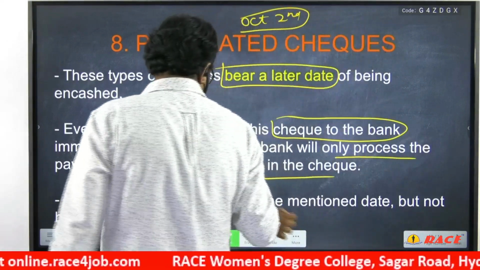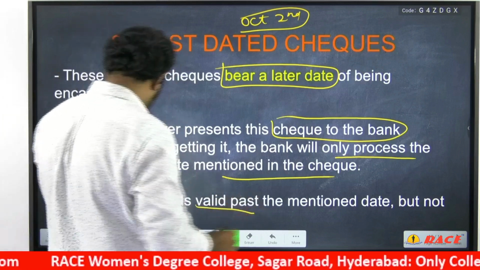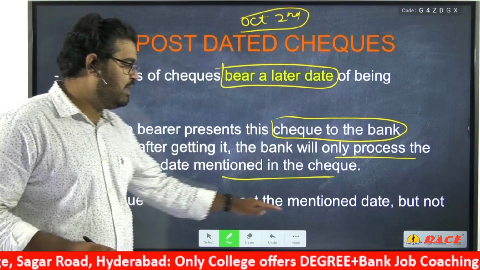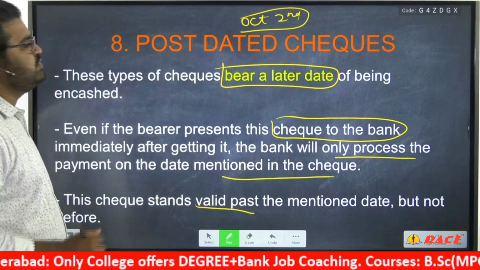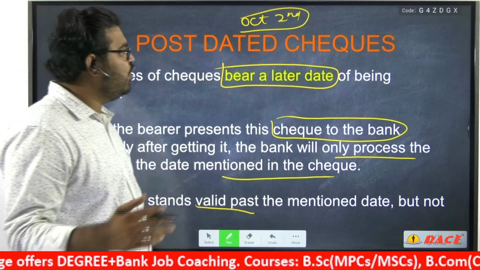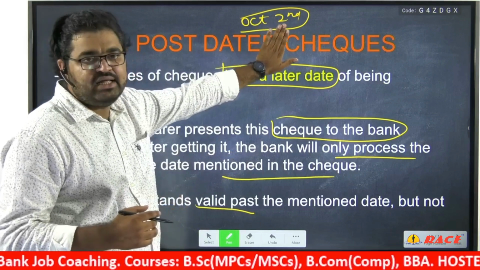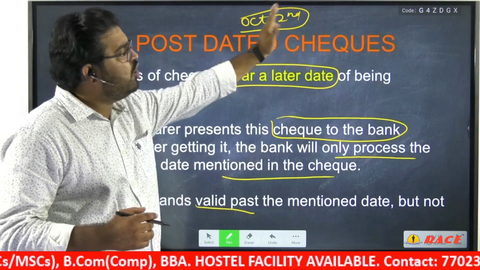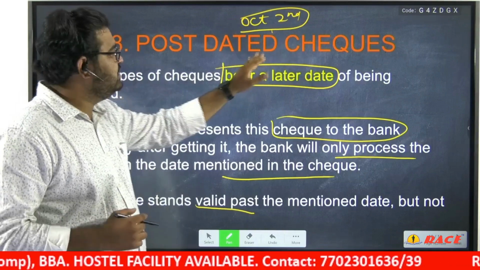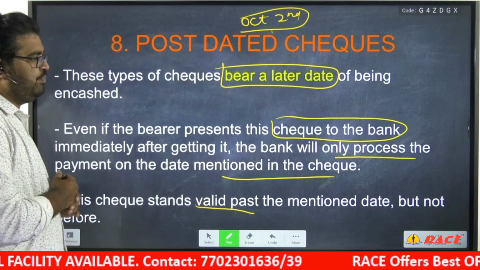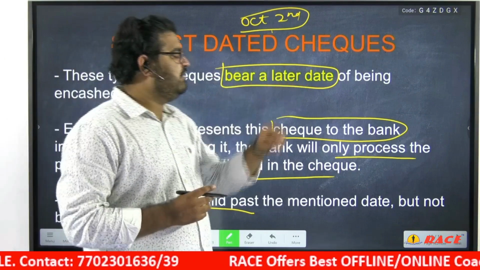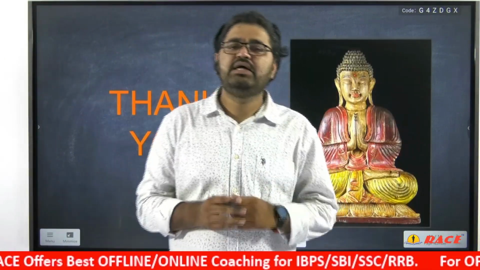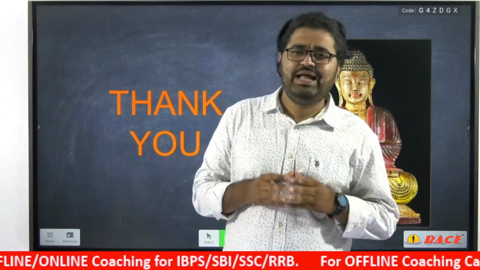This check stands valid on and past the mentioned date, but not before. So one can withdraw the money only after the given date, could be October 2nd or October 3rd, whatever the date, on or after, not before. Hence it is called a post-dated check. So these are the definitions and types of checks.